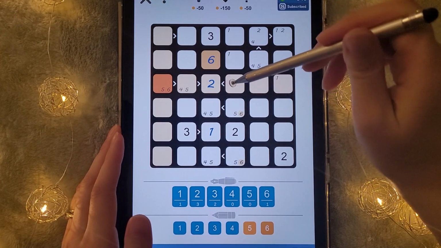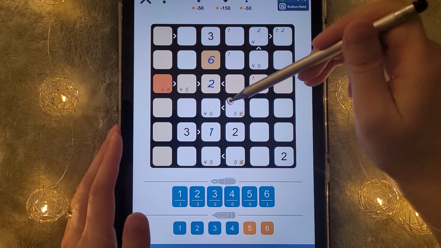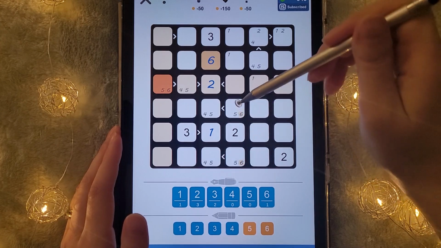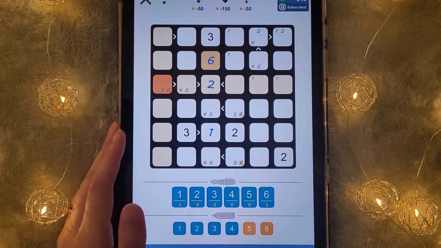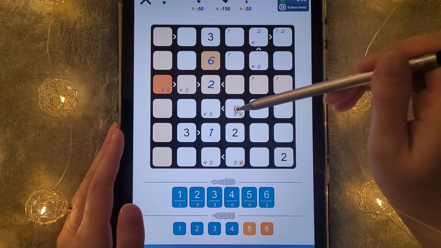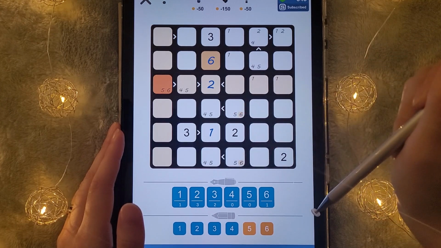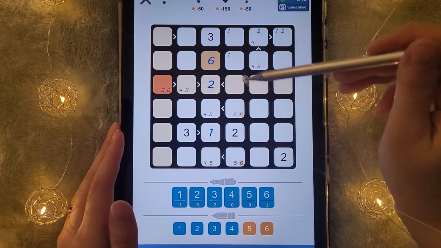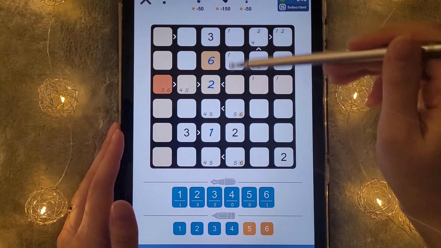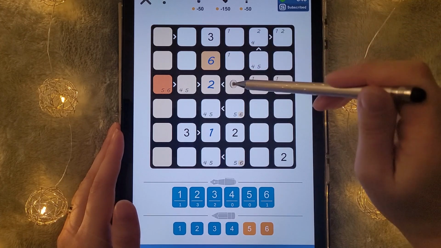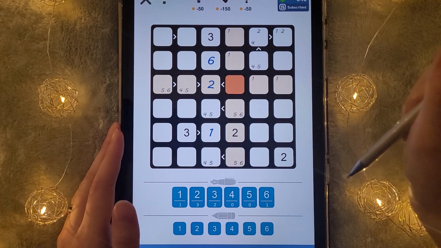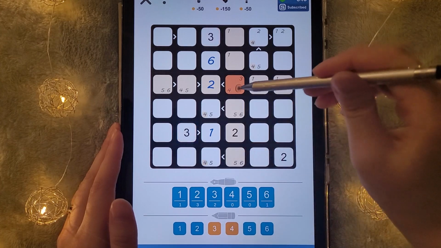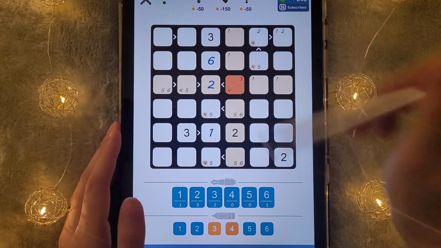Oh, but actually, because we have these two cells here that have to either be a 5 or a 6, which means if this cell was a 5, this cell has to be a 6, and vice versa, we know that there can't be a 5 or a 6 in any of these cells. So that does help us, because that means that this cell can only be a 3 or a 4.